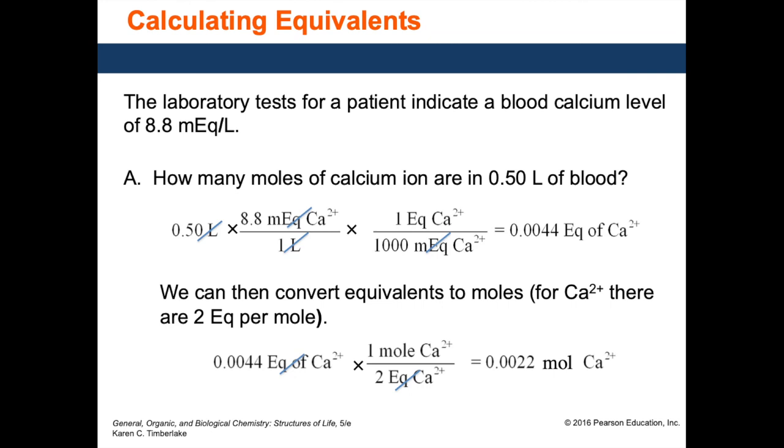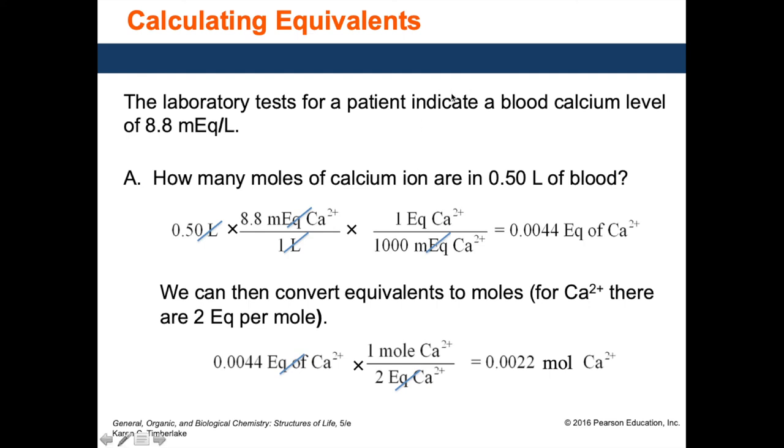Let's say we have a solution of calcium ions with a concentration of 8.8 milliequivalents per liter. Now, how many moles of calcium ion are present in 0.5 liters of blood with this level? Okay, so we're starting off with 0.5 liters. We want to get liters to cancel out and eventually wind up with moles of calcium ions.